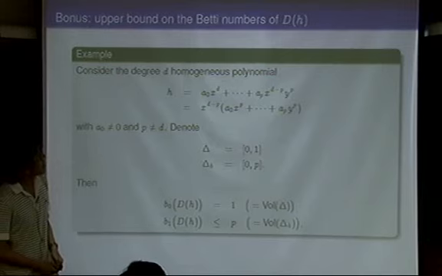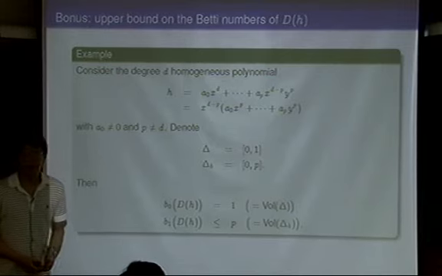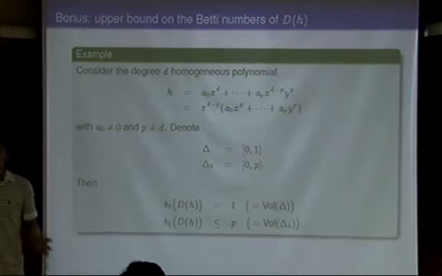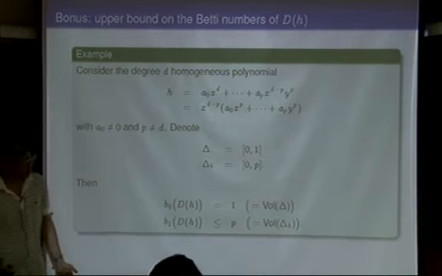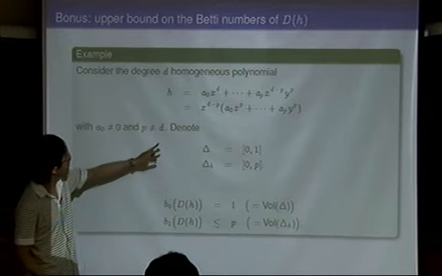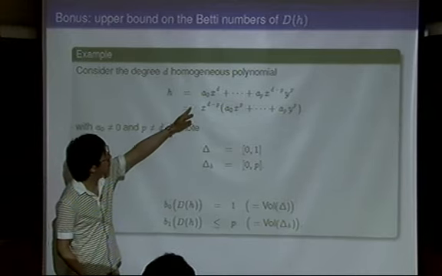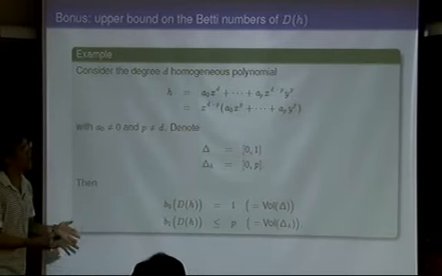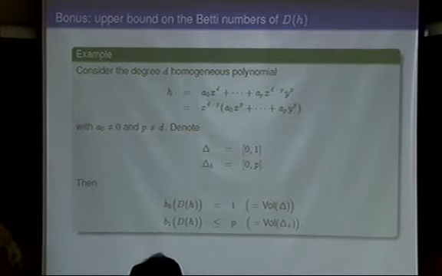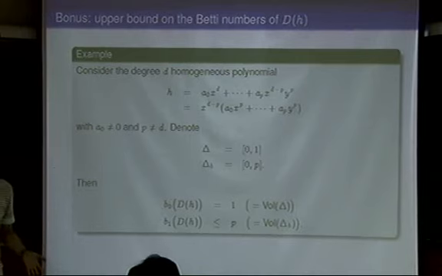So let's say our polynomial is sparse, which means that not all the terms are appearing inside it. Just for example, let's suppose that our polynomial h has degree d and has only the first fragment of it. We don't have x to the d minus p minus 1 times y to the p plus 1 and so on.